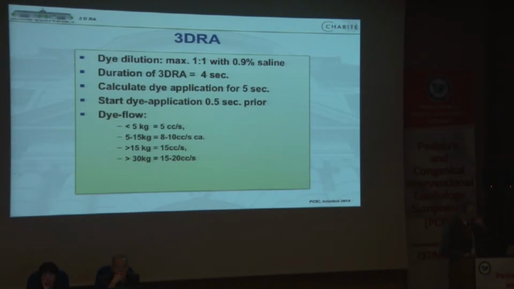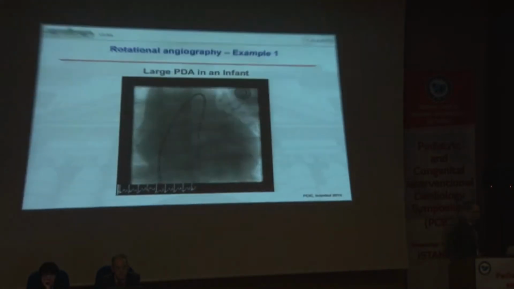And as I mentioned, it's very important that you coordinate with your colleague, and you have to start the dye application roughly half a second prior to starting the angiography. The dye flow differs with regard to body weight, and should be sped up to 15 to 20 cc per second for an adult-size patient.